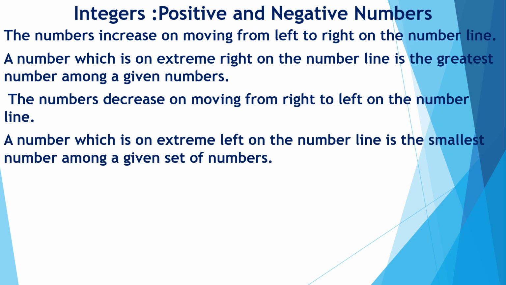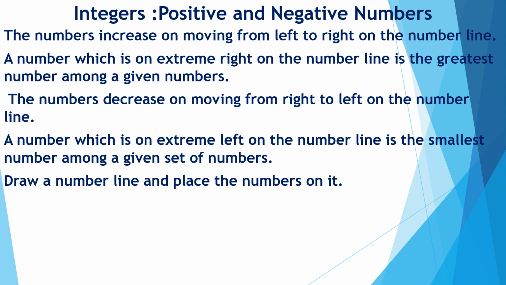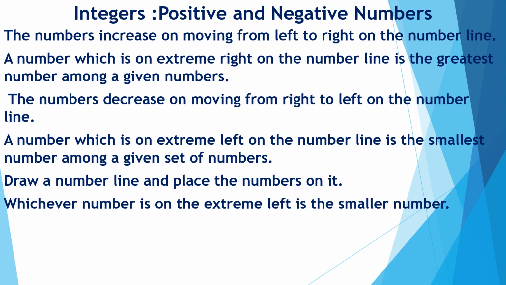A number which is on the extreme left on the number line is the smallest number among a given set of numbers. Draw a number line and place the numbers on it. Whichever number is on the extreme left is the smaller number. Let's do some examples. 3, 5.